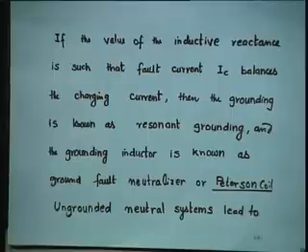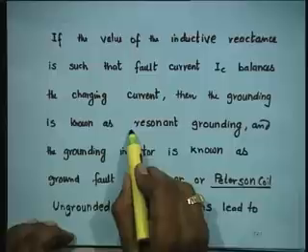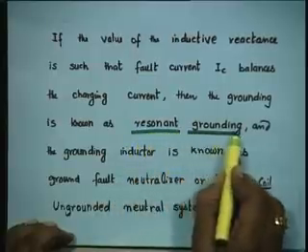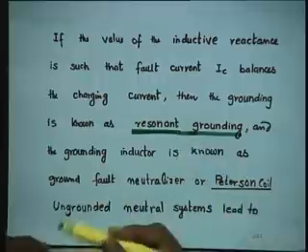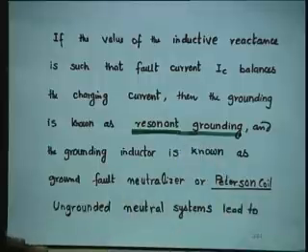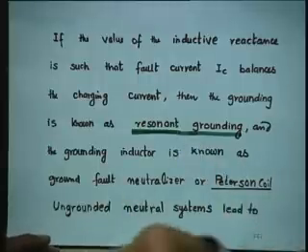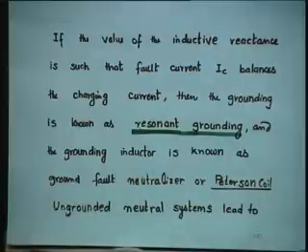If the value of the inductive reactance is such that the fault current IC balances the charging current, then the grounding is known as resonant grounding. So, if somebody asks you what is resonant grounding, when the value of inductive reactance XL is such that the fault current IC balances the charging current.